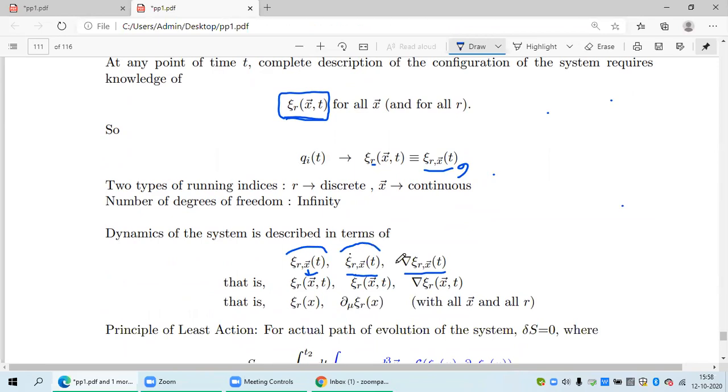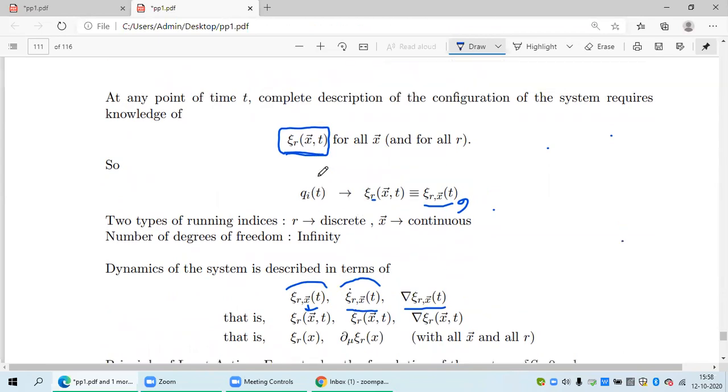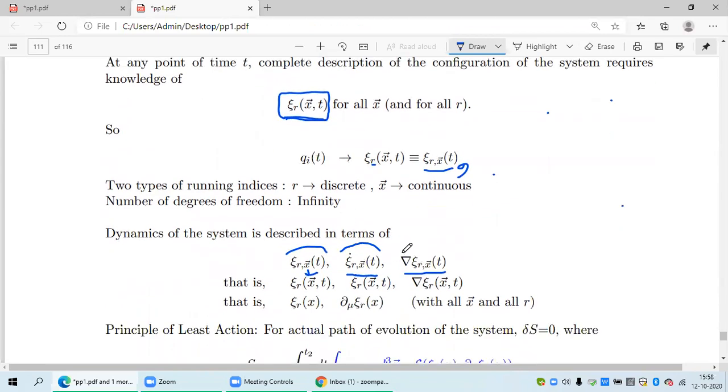Also, because X changes continuously, you have to take care of the way these generalized coordinates change with X. Is it clear?